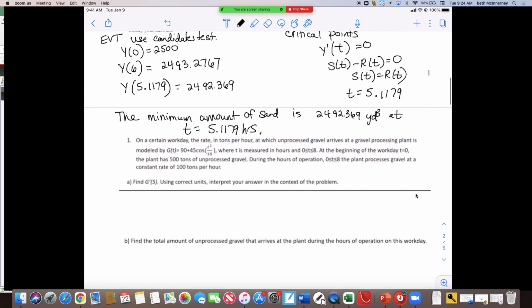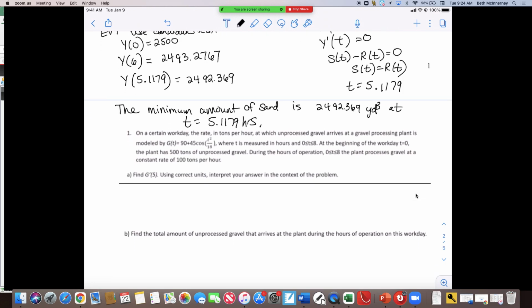All right, let's try another one. This one says, on a certain workday, the rate in tons per hour at which unprocessed gravel arrives at a gravel processing plant is modeled by G of T. So what I want you to understand is that this G of T is a rate, okay? It's in tons per hour.